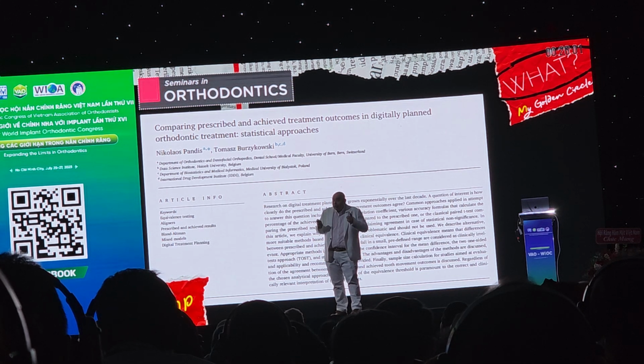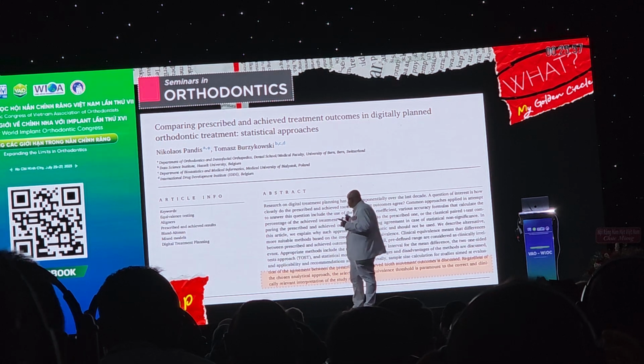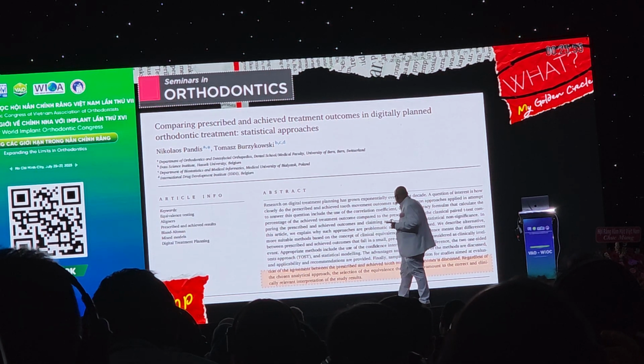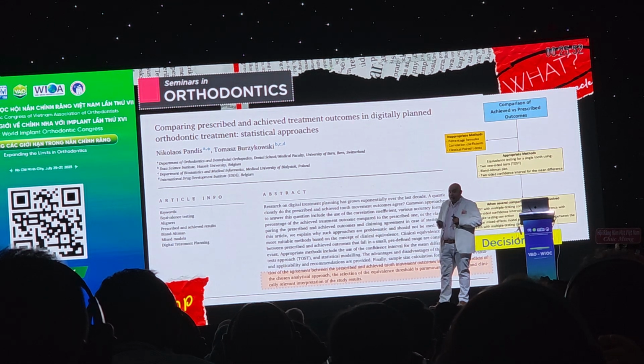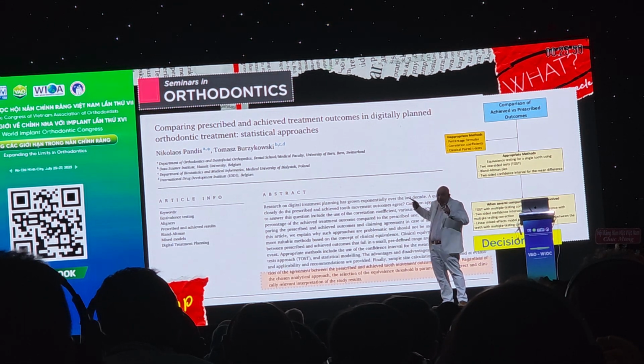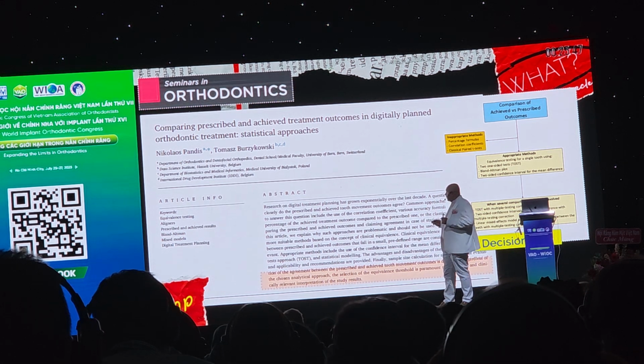That's something you need to do when you are planning, especially percentage agreement: look at the clinical equivalence as a threshold. So this should be the decision tree when you're planning a study on superimposition.